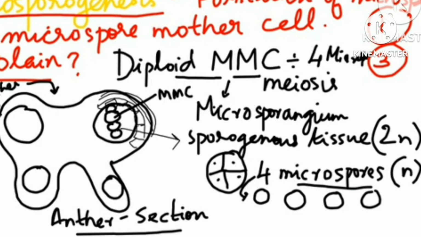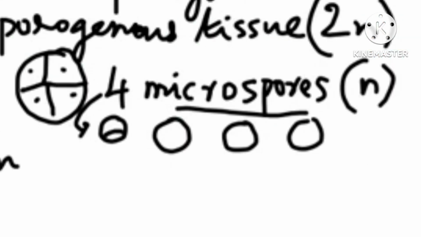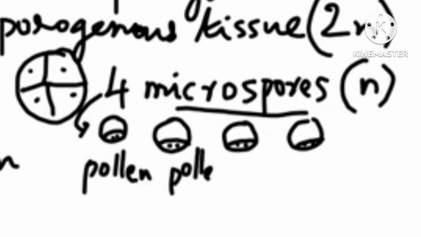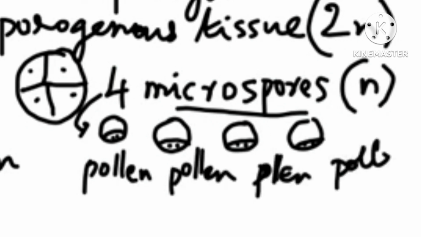When they mature into pollen grains, they will develop 2 cells, a small cell and a large cell. The small cell will have 2 gametes. What I have drawn here round is pollen, 4 pollen grains. Like that every pollen grain will develop two cells.